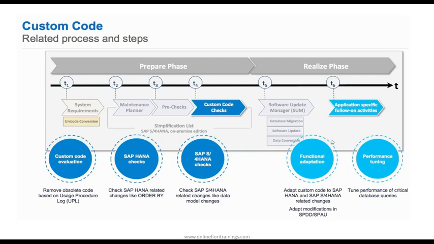But then is the next level. We also have to check S/4HANA relevant checks. That is something new, the new bubble you can see here, which is special only for an S/4HANA brownfield implementation project, where you have to do some special checks on the custom code specific to S/4HANA.